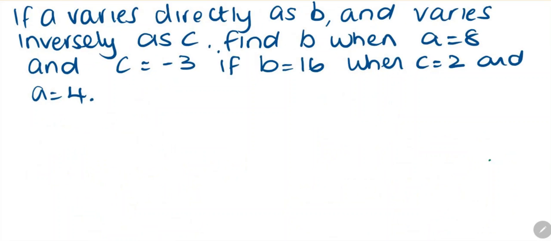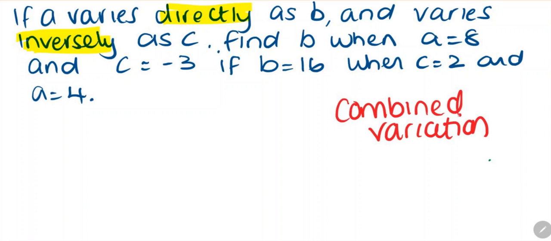If a varies directly as b and varies inversely as c, find b when a is 8 and c is minus 3, if b equals 16 when c is 2 and a is 4. Because a varies directly as b and inversely as c, we are going to use what's called the combined variation formula.